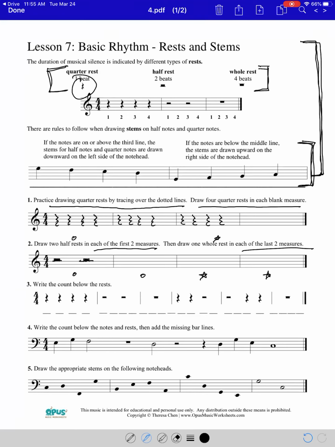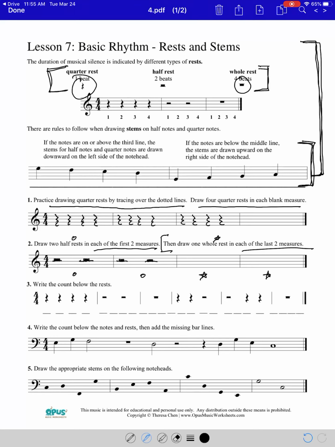And it wants me to do that in the first 2 measures, so I will do that again. 1, 2, 3, 4. Okay, the second part then is to draw 1 whole rest in each of the last 2 measures. So let's look up here. There's my whole rest. Okay, so that's what my whole rest looks like.